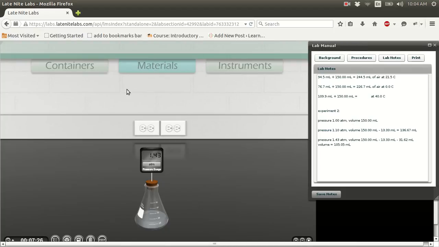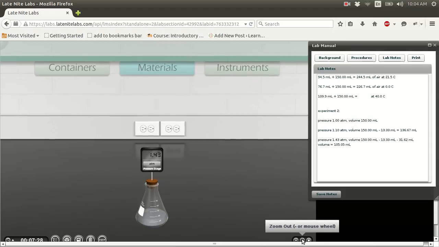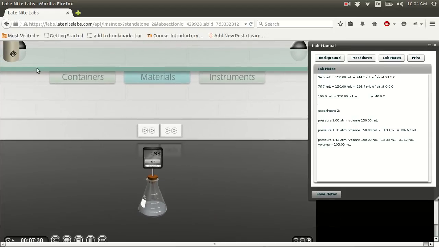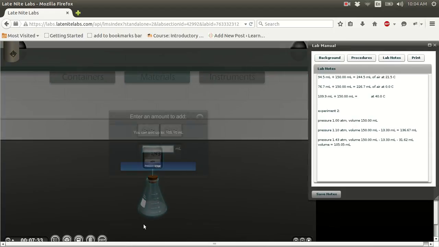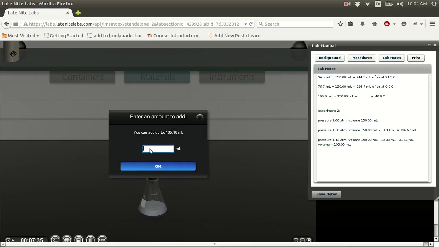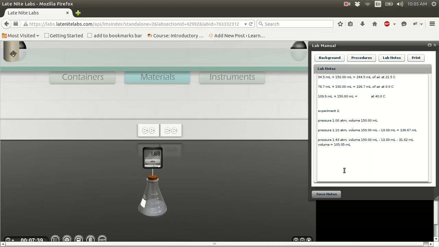And I'll get the water again. There we go. This time I'll take 15.55 milliliters. Now the pressure.